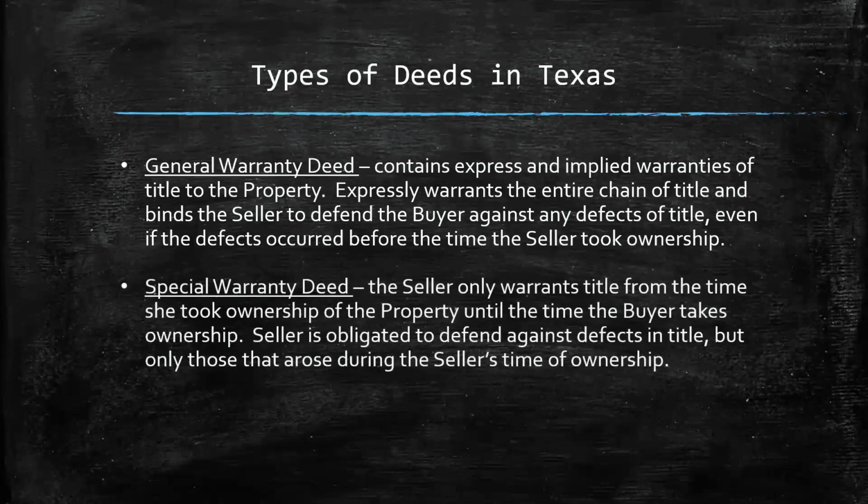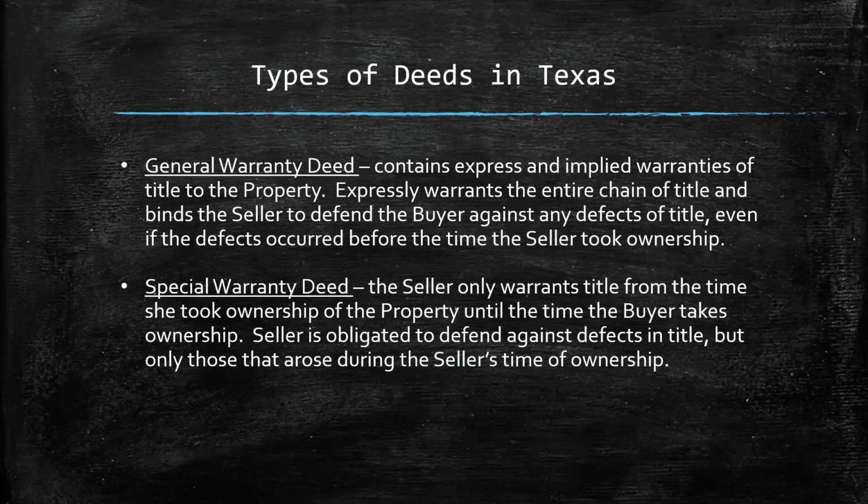On the other hand, a special warranty deed also contains express and implied warranties of title, but the time period is limited. With a special warranty deed, the seller only warrants the title from the time that the seller took ownership of the property up until the moment that the buyer takes ownership of the property.